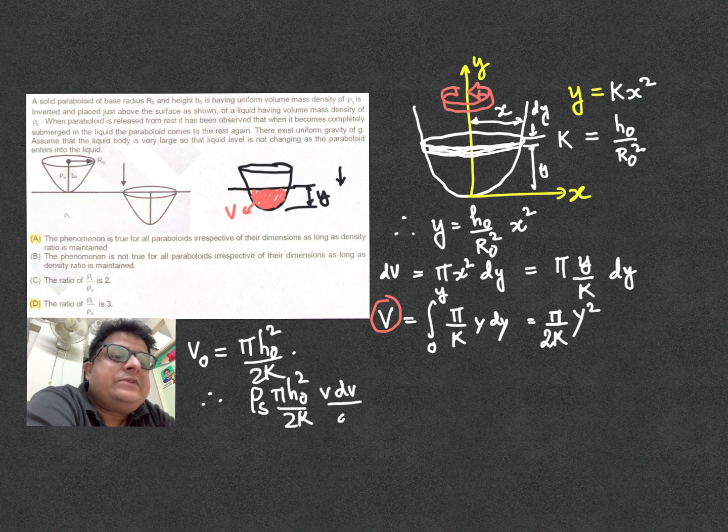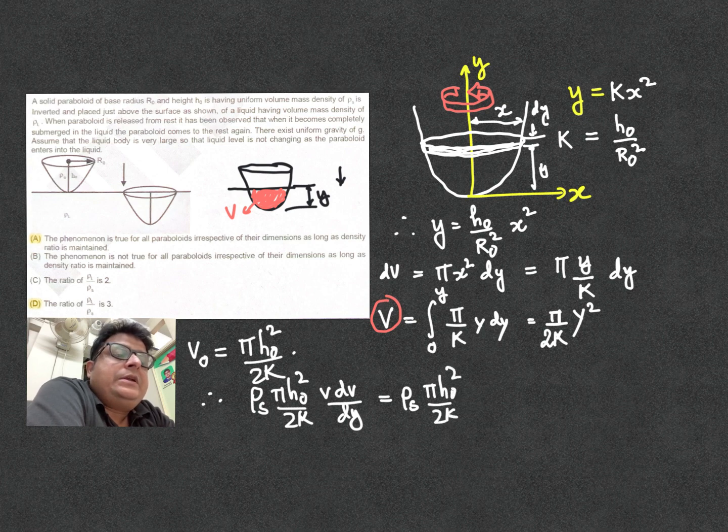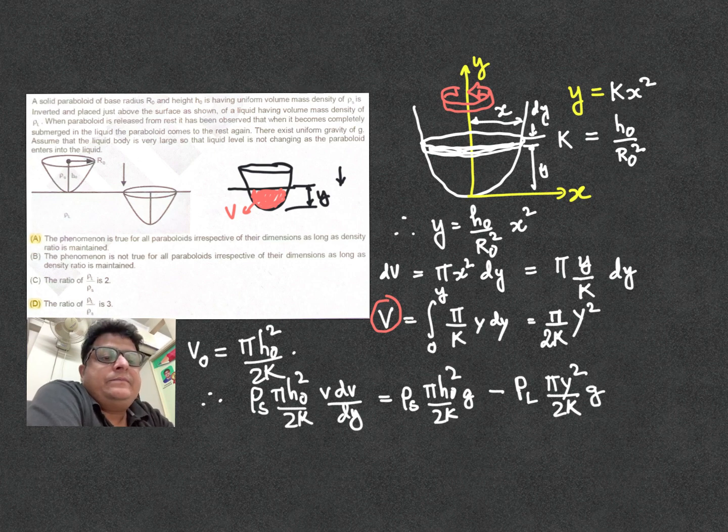I'll write it like this, v dv by dy, equal to weight, which is pi h naught square by 2k into g, minus the buoyant force, rho L pi y square by 2k into g.